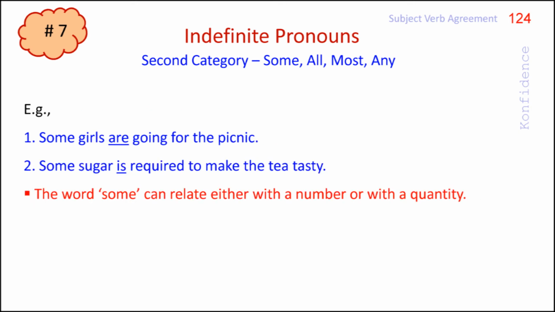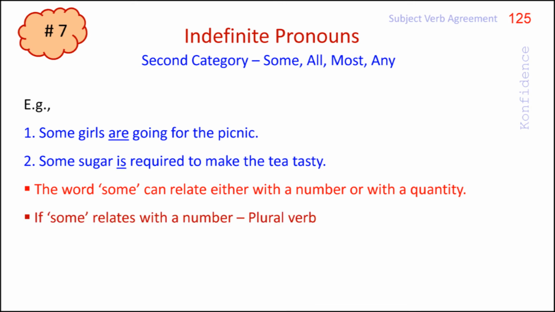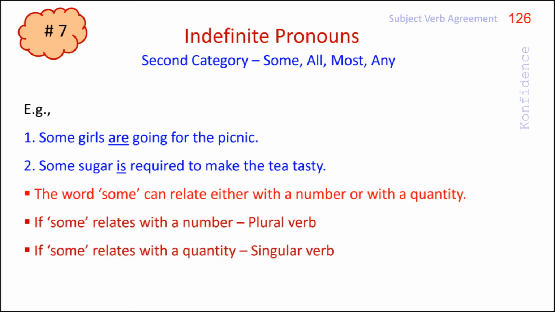Not at all. The word some can relate either with a number or with a quantity. If some relates with a number, then we use a plural verb, and when it relates with quantity, we use a singular verb. See, number always indicates plurality, while quantity shows singularity.